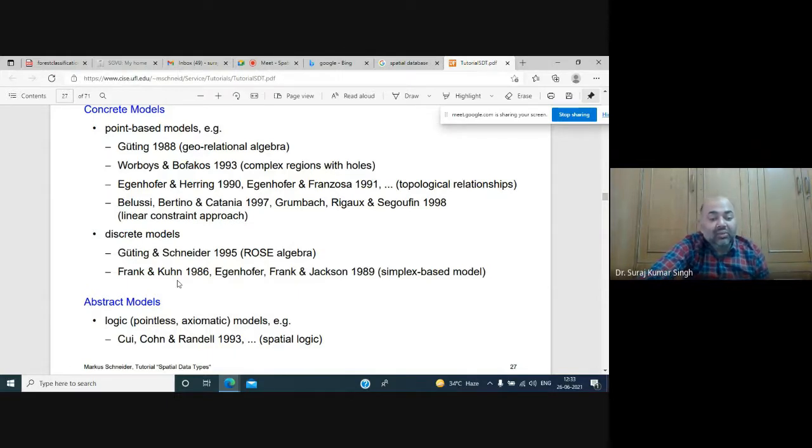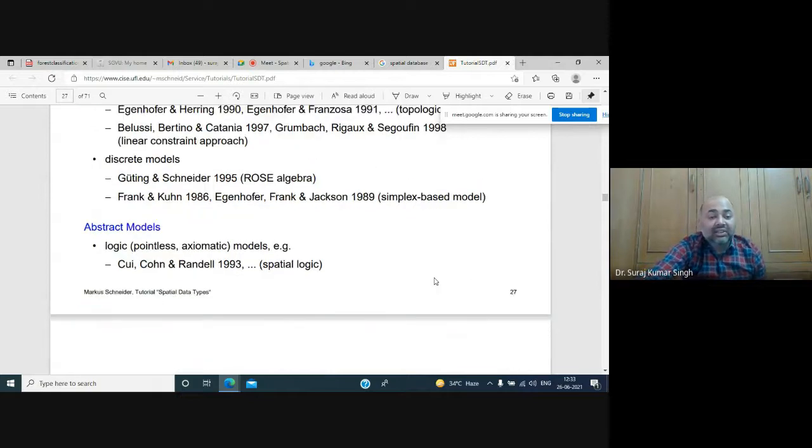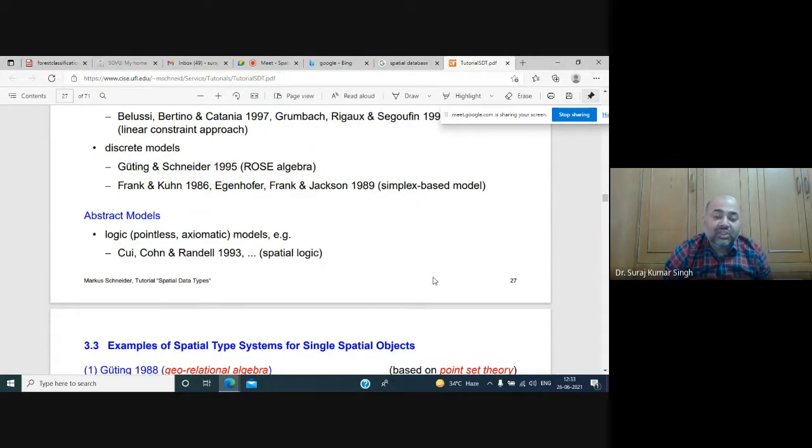Then Frank and Kuhn in 1986. Then again Hoffman, Frank and Jackson in 1998 provided simplex-based models. These are the names of the scientists who have generated those spatial data models, and these models are known by their names.